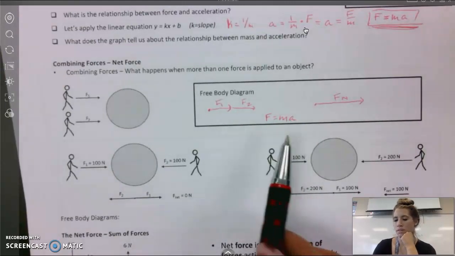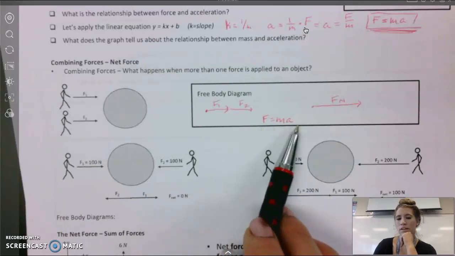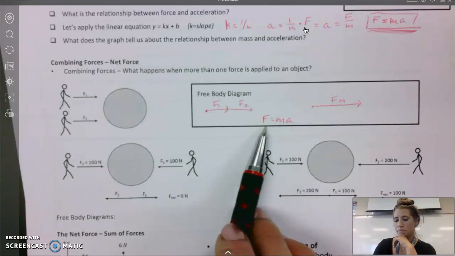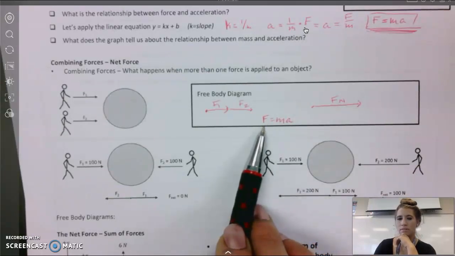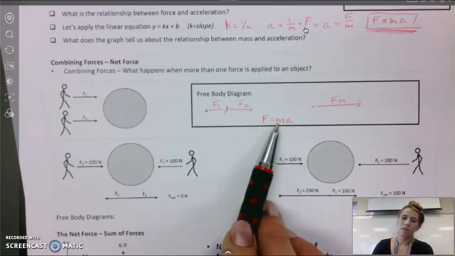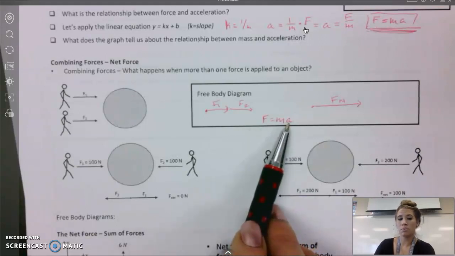So if an object has mass and a force is applied, then it's going to be accelerating. Okay? And this is specifically our net force there. Okay? This also shows mass is going to remain the same. But if we double our force, then our acceleration would double as well.